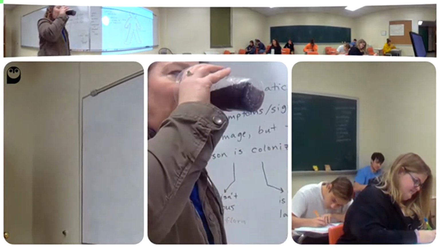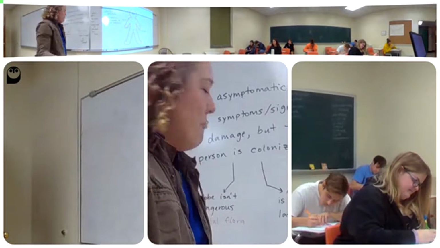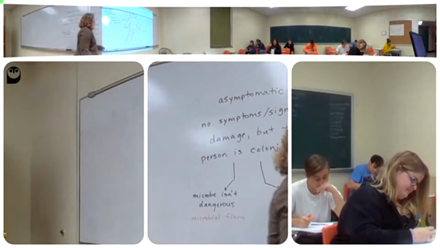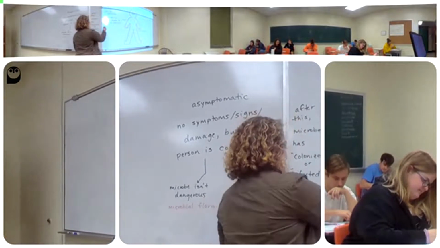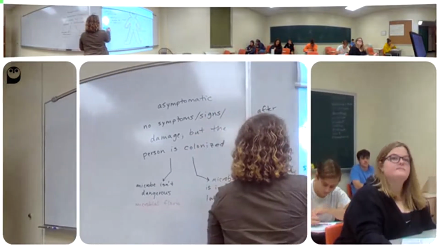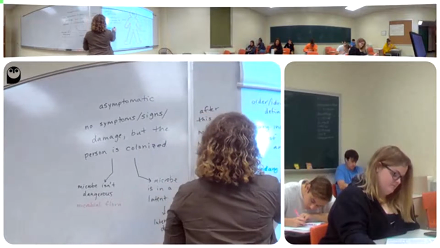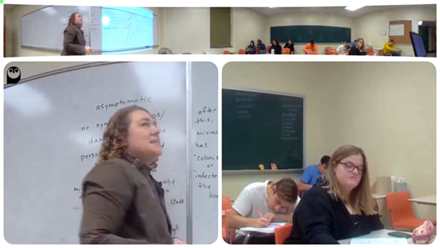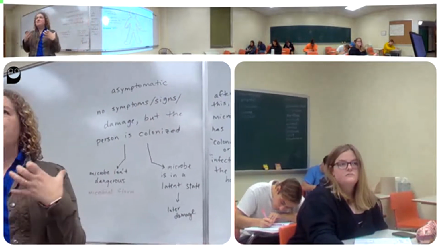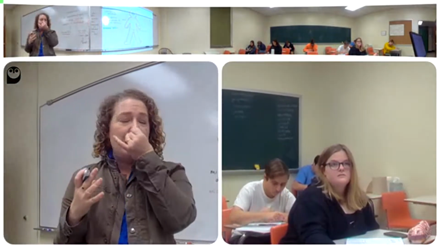Then the other type of infection that's really common in healthcare settings is something called secondary infection. And this one is the hardest to define and to make sense of.